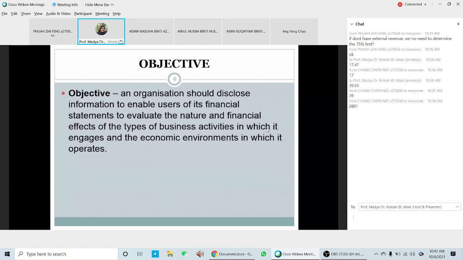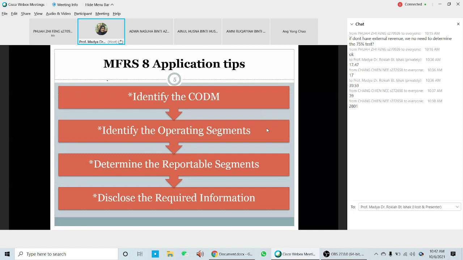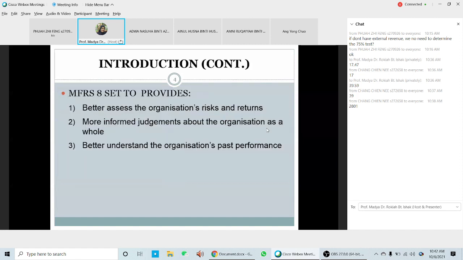Then the other one is applications. You need to identify the chief operating decision maker, sometimes they use the word CEO, either of them. Then identify the operating segments, determine the reportable segments, and disclose the required information.